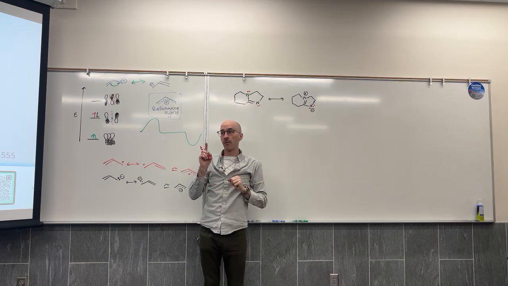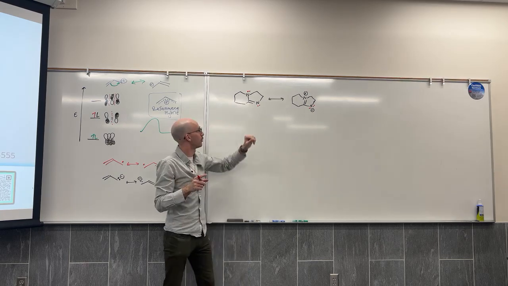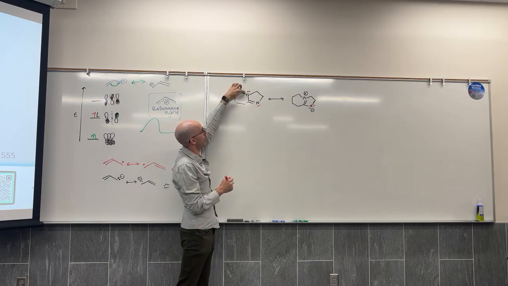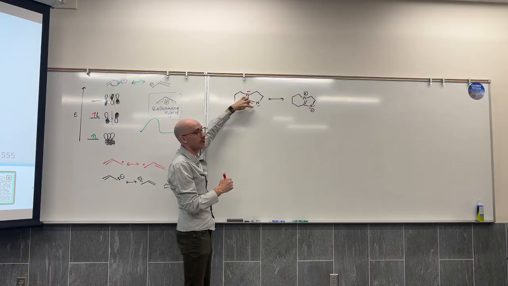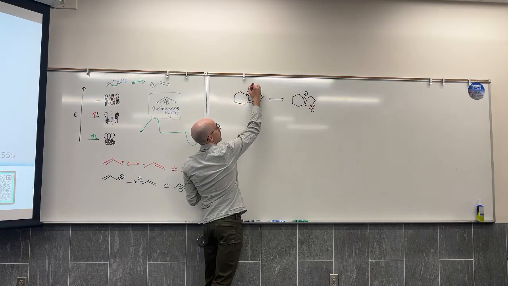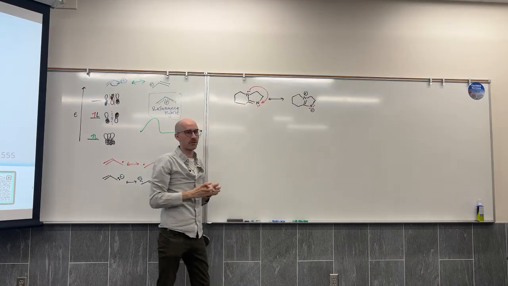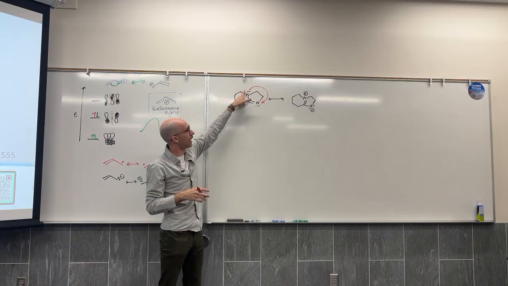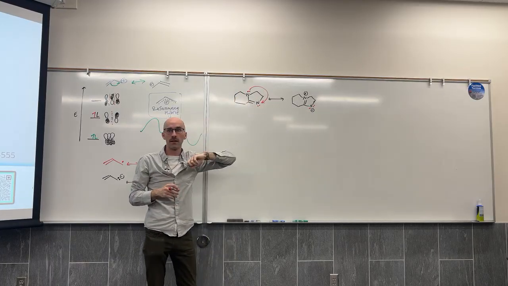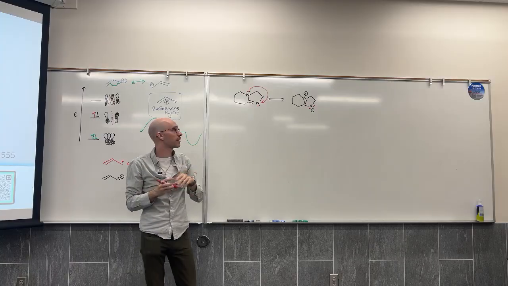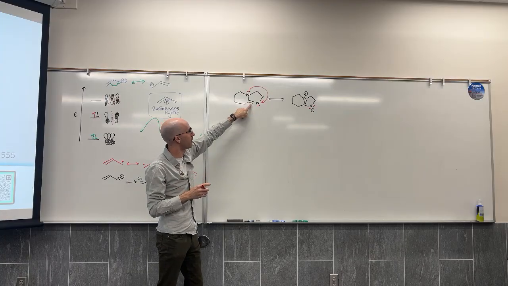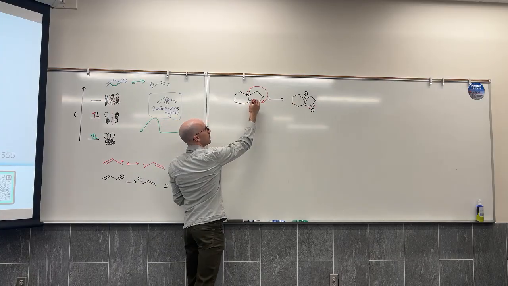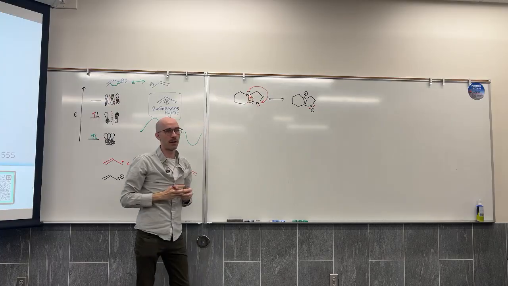So I would wager that at least one of you has drawn an arrow that says this lone pair goes to this nitrogen. You're looking at how the electrons are moving and you're saying, I need to get an extra lone pair down there. And probably those same people would say this pi bond ends up in a different place. So here is my pi bond moving.